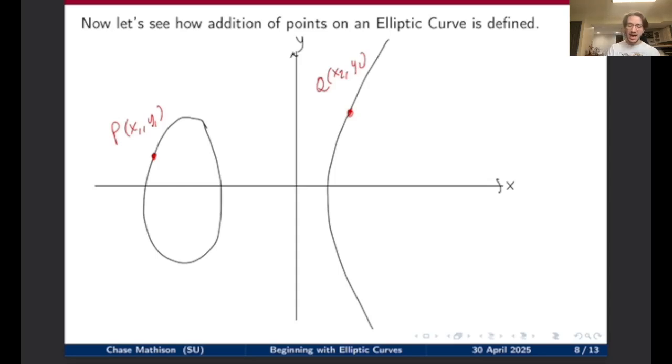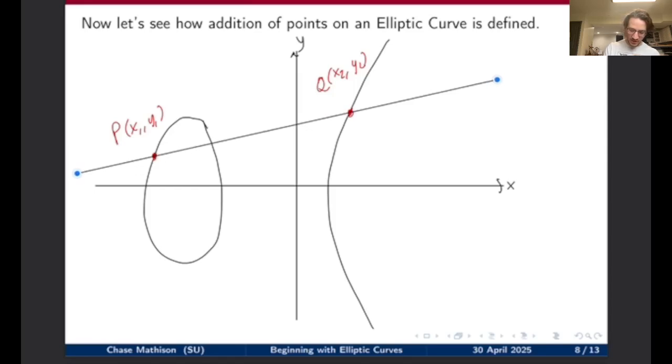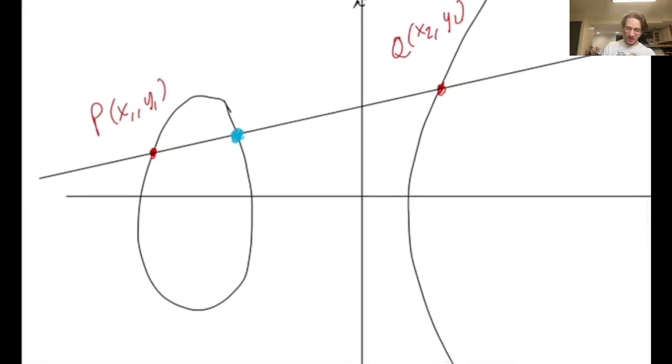So the way we add points, quote unquote, is by connecting these 2 points, P and Q, and finding the point of intersection between the line PQ and the curve. This point right here. Now that point is not P plus Q. We're about to do one more weird thing.